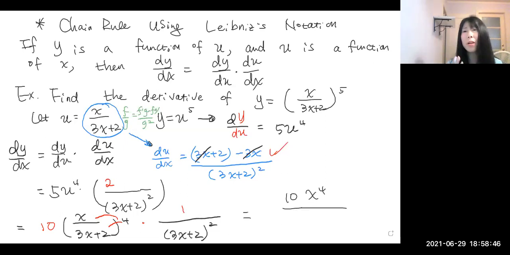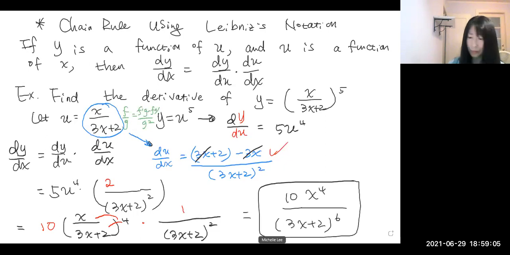Then on the bottom, 3x plus 2 to the 4th power, and then there's the 2, so we add that, which is 6, right? Then we are done. This is the final answer. Is it the same answer? Okay. All right. Let me erase.